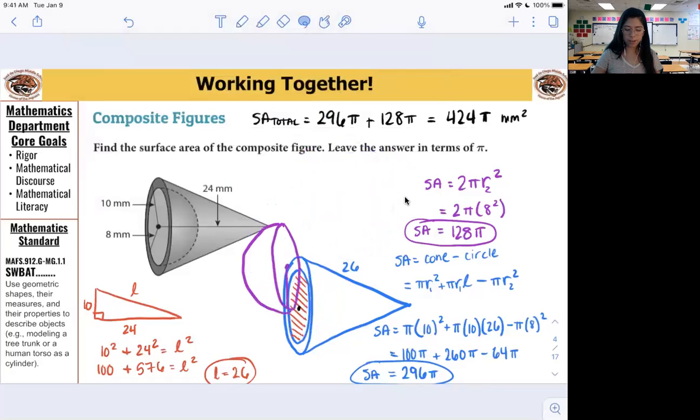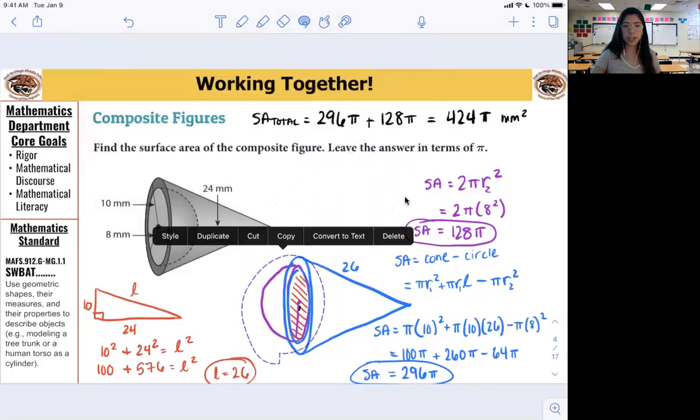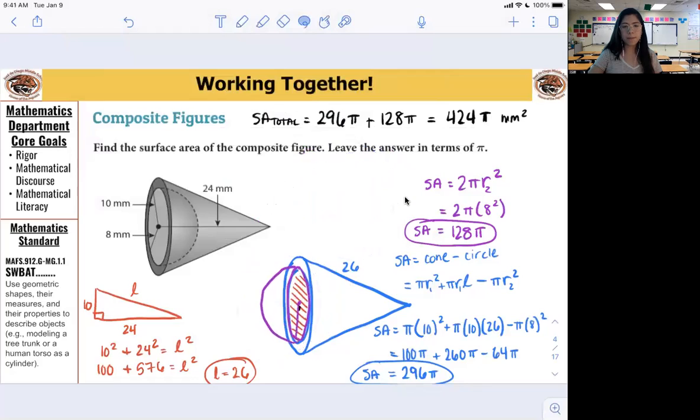If I turn this around and put it this way, if it was bulging out instead, it would still have the same surface area. All the calculations would be exactly the same, and we would get the same answer. Okay, because the concave is going to be exactly the same as convex. So it's the same exact answer.